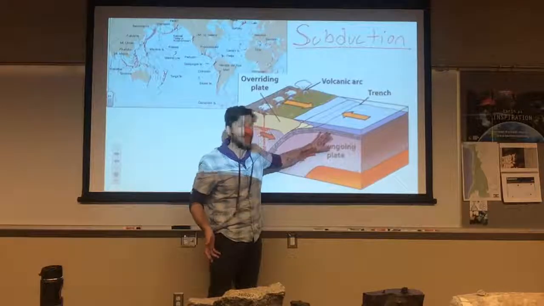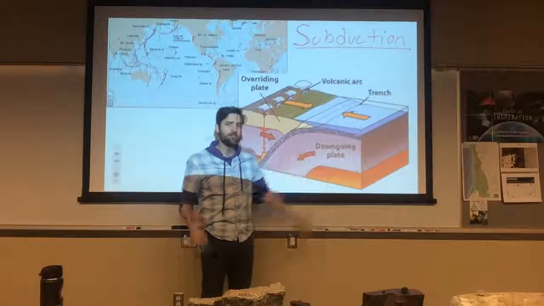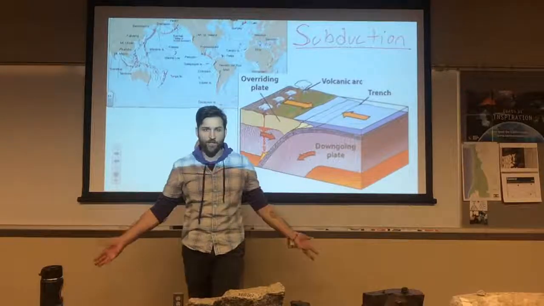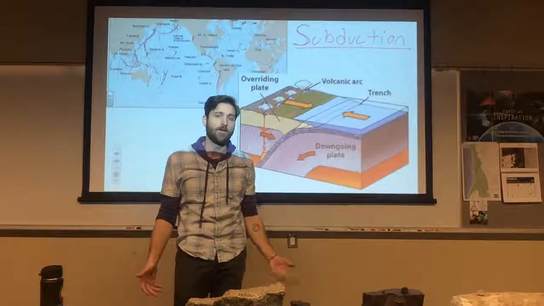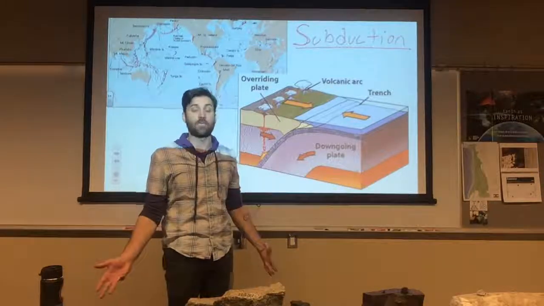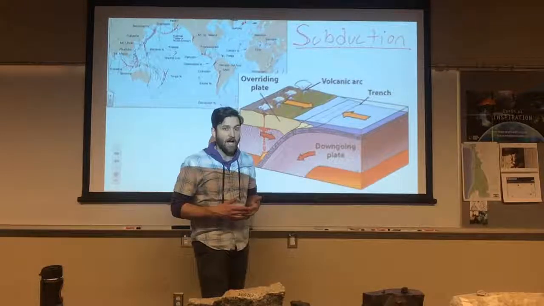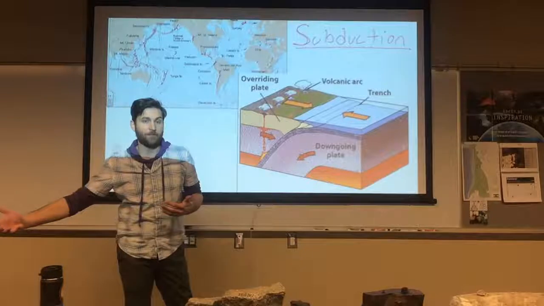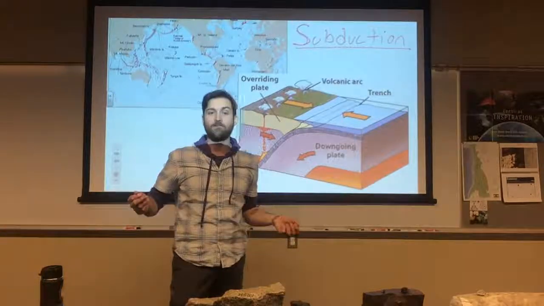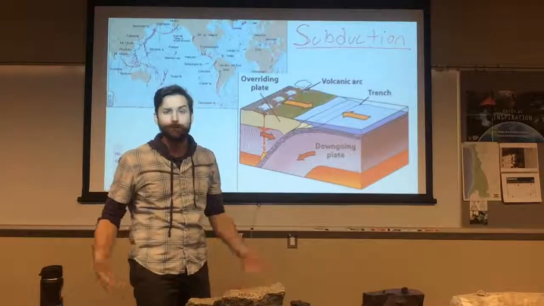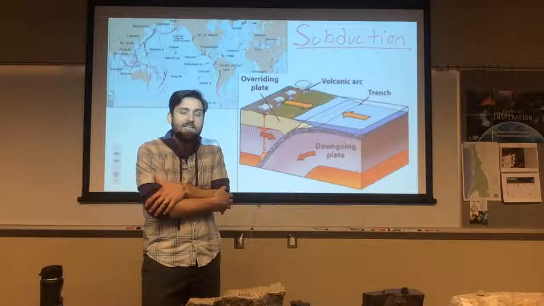Now, the last process that we just went through, decompression melting, what was the result? The result was this stuff, oceanic crust, which is mostly basaltic or mostly mafic. Mafic rocks aren't any good at holding in heat. Well, okay, they're fine at holding in heat, whatever. But granite rocks are better at holding in heat. So, if you go from inside to outside in freezing weather, and you take a thin blanket, that one doesn't hold in heat so well.